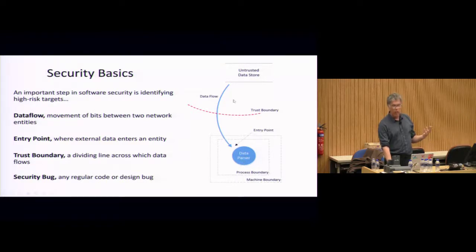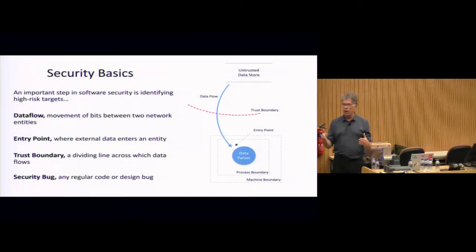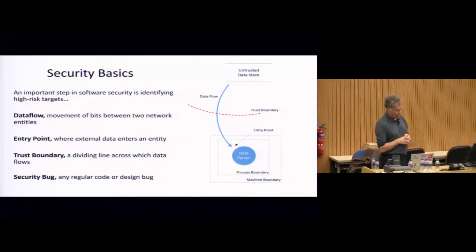And now you're making that parser available over a trust boundary. So you have a surface area, you have an attack vector, which is like, okay, can I create an image file and give it to your image parser that will cause a buffer overflow, and then embedded in the image is some executable code? Can I get in there? So I've got data flow moving across the web, from an untrusted source through a trust boundary to some entry point, eventually getting to a C function, a binary blob.